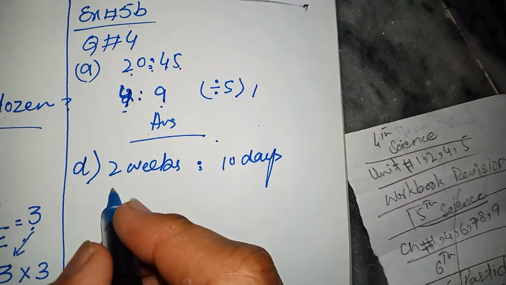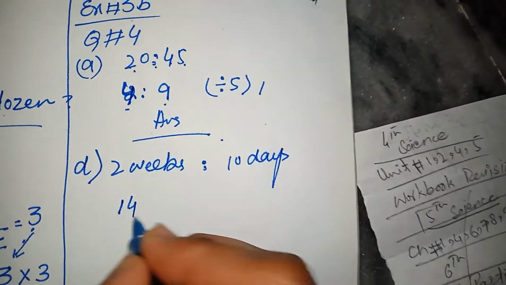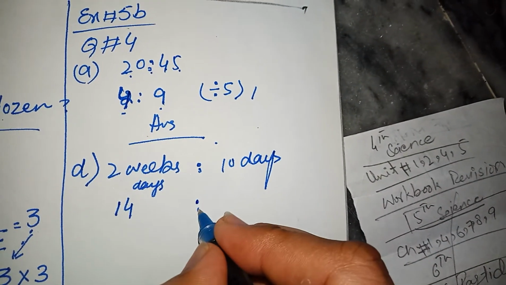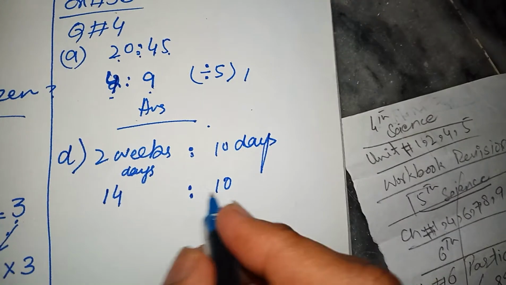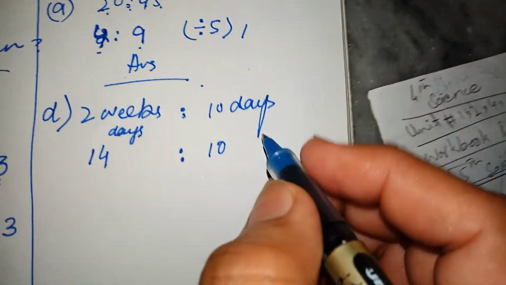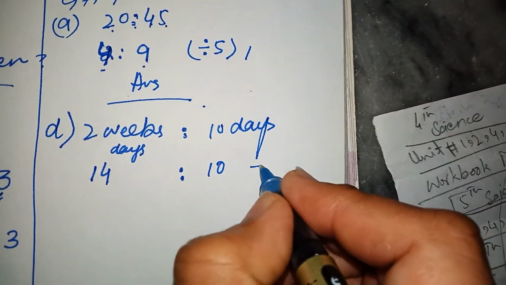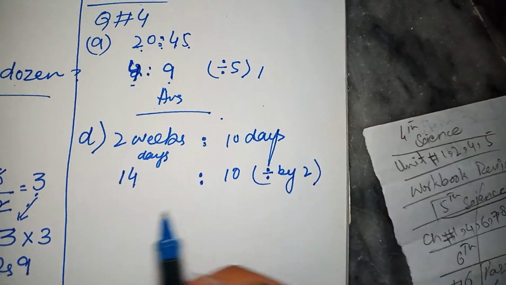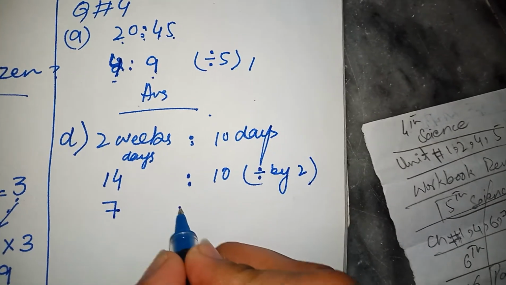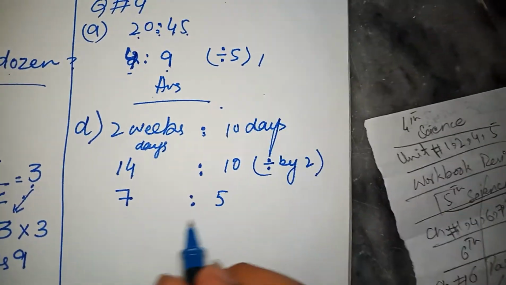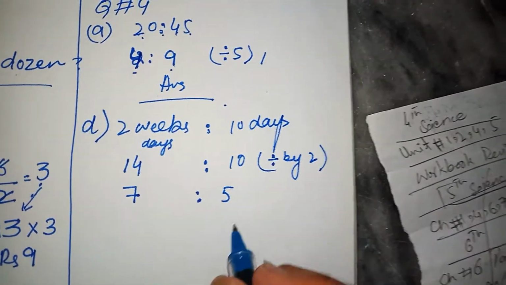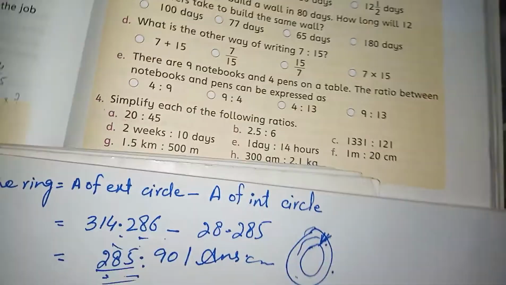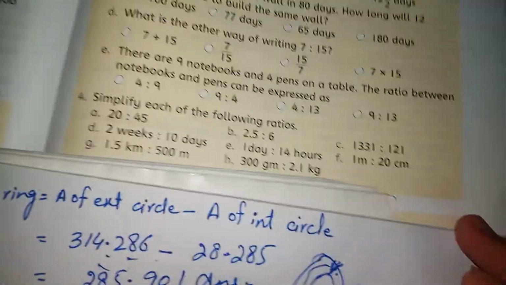There are 7 days in 1 week and 14 days in 2 weeks, and here we also have 10 days. So on which table can both be divided? Both can be divided by 2. Dividing by 2: 2 sevens are 14, 2 fives are 10. Now these cannot be divided further by the same number, so this is the answer, and the other parts can be done in the same pattern.